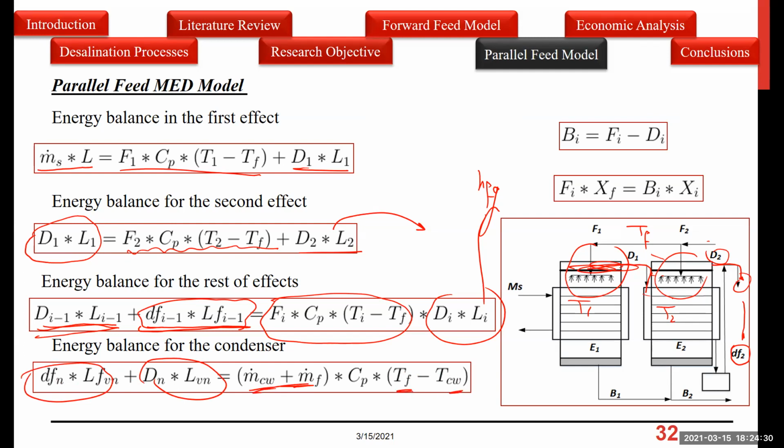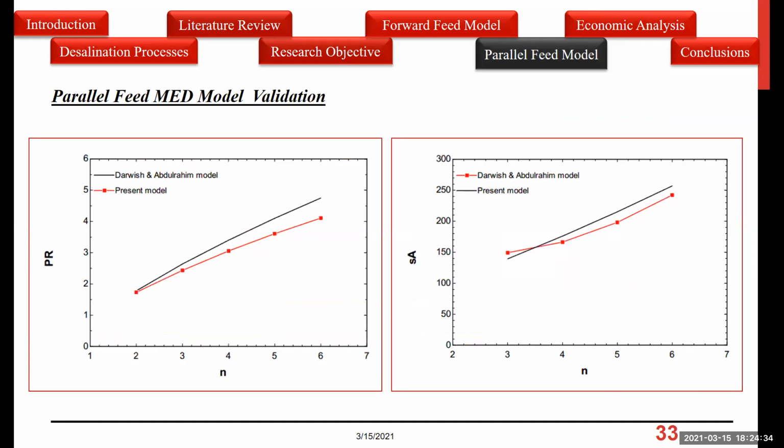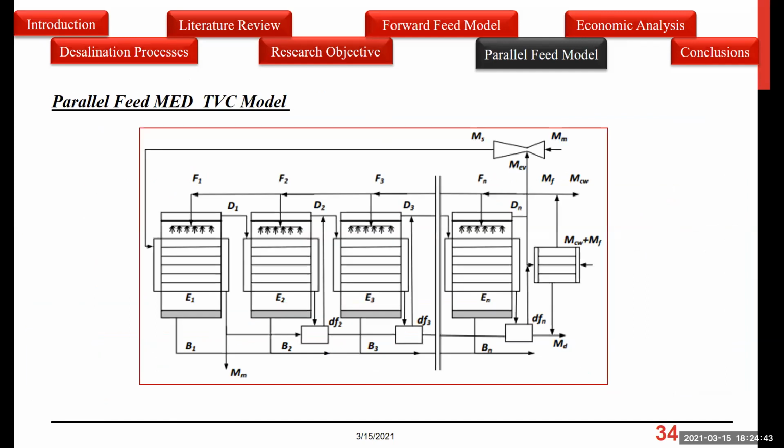So this is for the unit without TVC, and then the TVC is going to be added again. And here this is just some sort of a validation of the work that has been done. And again, going back to the addition of the TVC. So typically we'll start with the TVC that is linked to the last effect, seeing the performance.